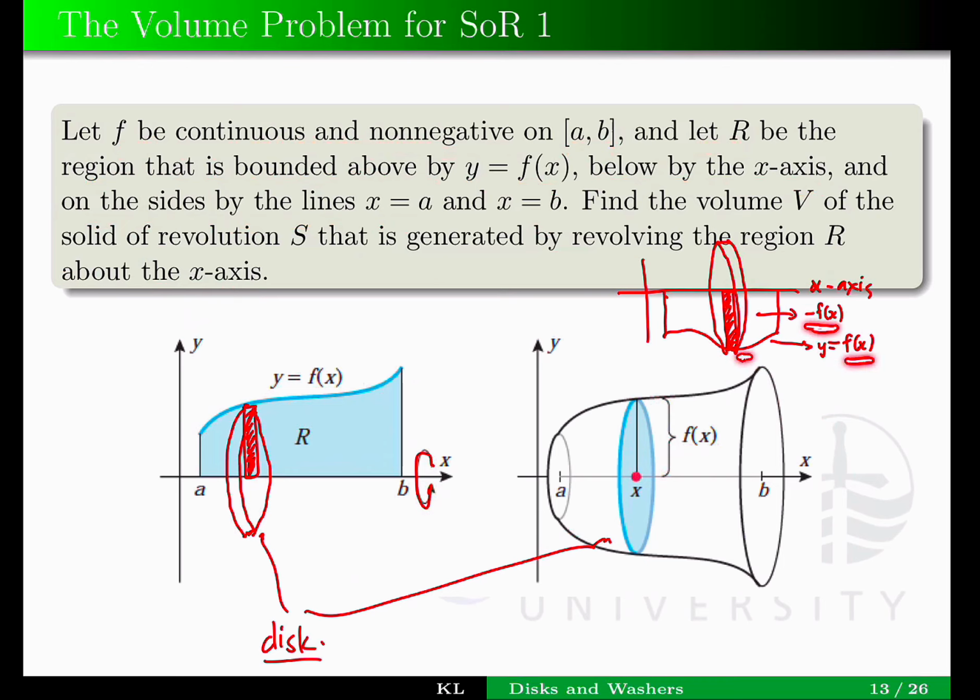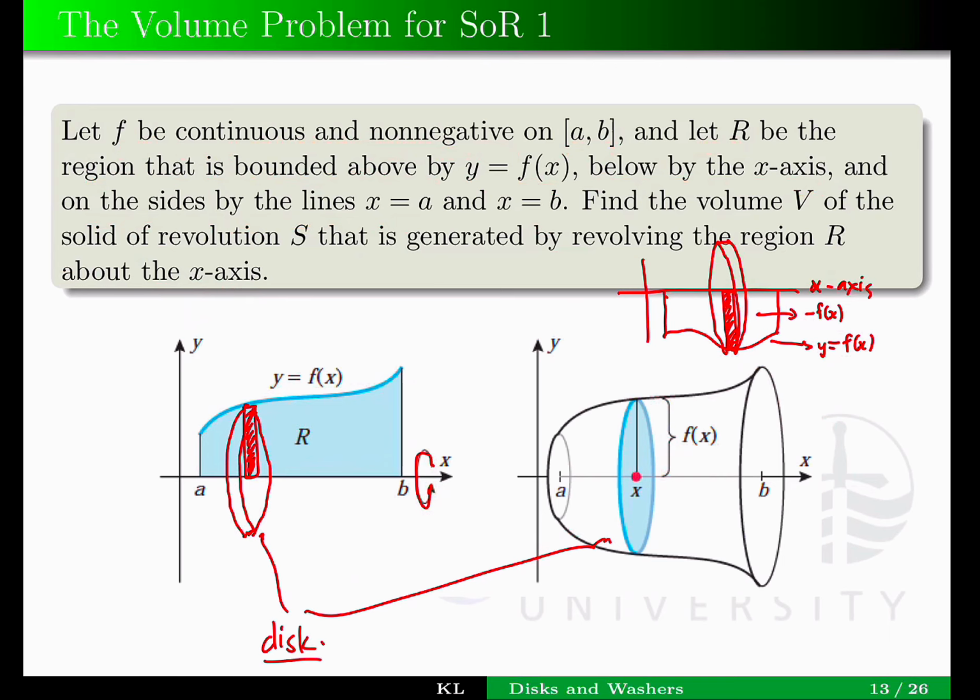So the radius will be negative f of x. Take note that radius should be a positive number. In this case, we don't have a problem because our function here is positive. And besides, our consideration is that our function f is non-negative.